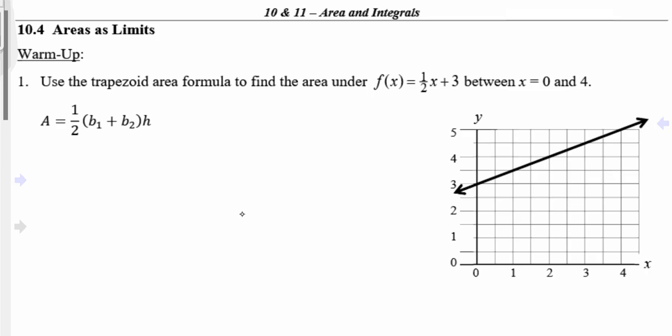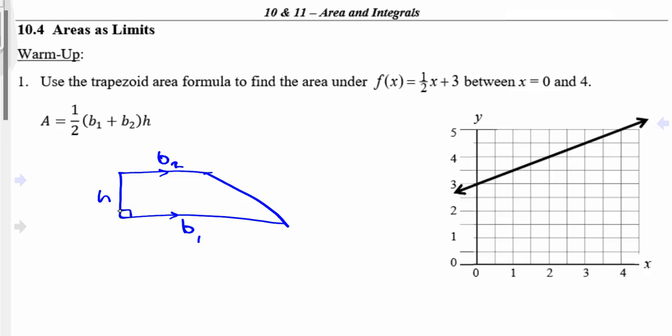So if we come back to this kind of shape, when we're finding the area, the 2 parallel sides we call base 1 and base 2, and the perpendicular distance between them is the height.